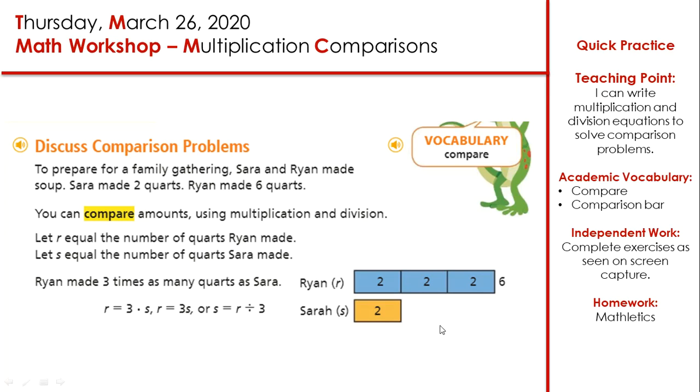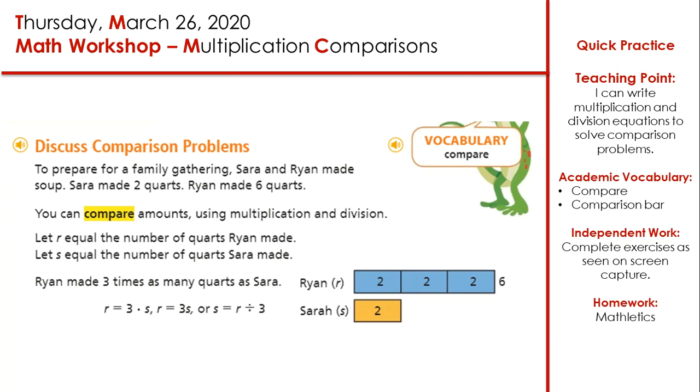If we take a look right here at these comparison bars, which is the way that we call this graphic way to represent the situation, we have Ryan and Sarah. We're going to use R to represent Ryan for short, and S to represent Sarah for short as well, right?